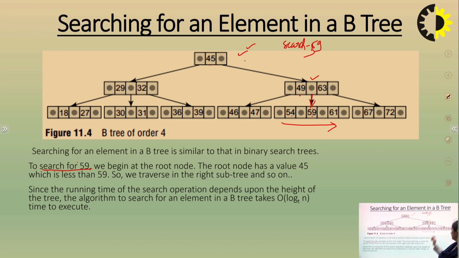Right? And then you can find this 59, because we already know that 59 is greater than 49 and less than 63. Then we will search for this element here. And this searching operation always takes O(log n) time to execute, according to the height of the tree.